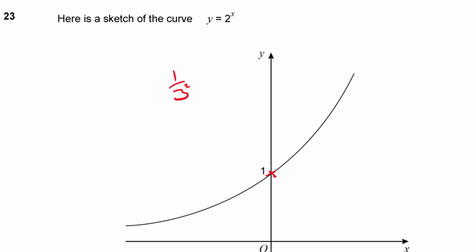So we're going to end up with a graph that looks something like this. So it approaches 0 quicker on the left hand side of the graph and gets taller faster on the right hand side. So something a bit like that, hopefully a little bit less wobbly than my pen there.